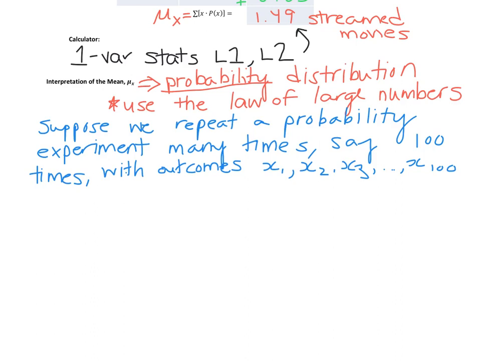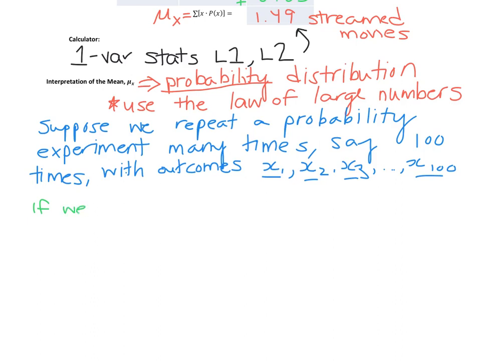If we were using our Netflix example, it would be like sampling from the Netflix customers and writing down how many movies the first person watched, then the second person, and the third person, all up to the 100th person. So we're doing this a lot of times, in this case 100.